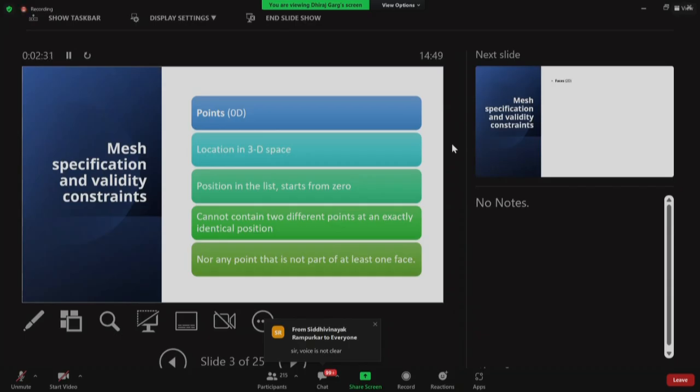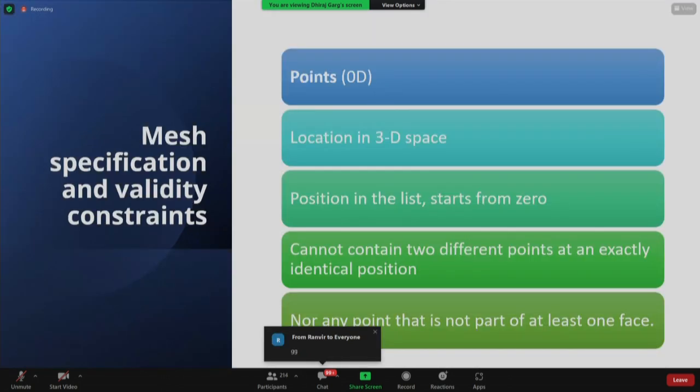The base of the mesh is the points, which are zero dimension. They are located in space, numbered from zero, and stored with that numbering. Now, you cannot have two different points with two different numbers but exactly the same identical location. There can only be one point at the same position.